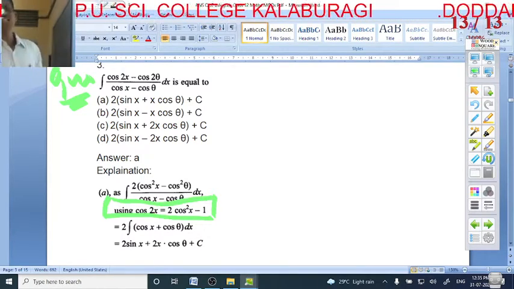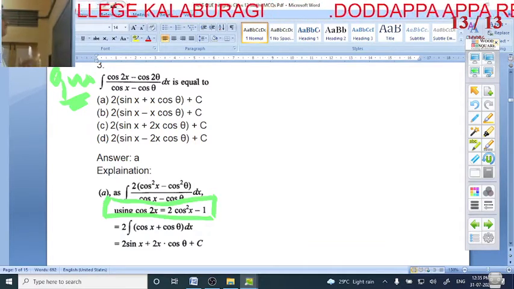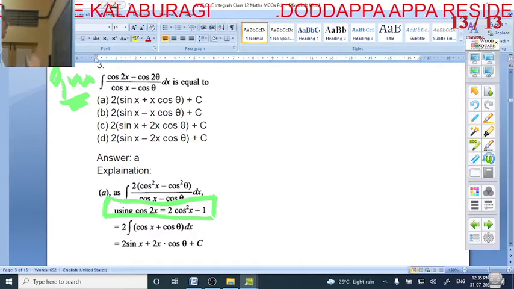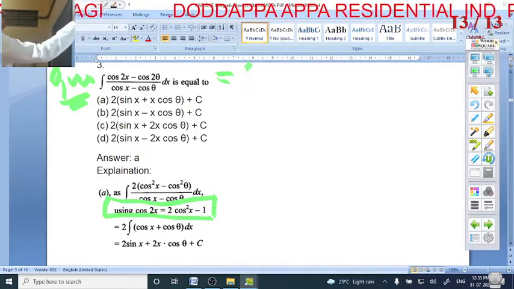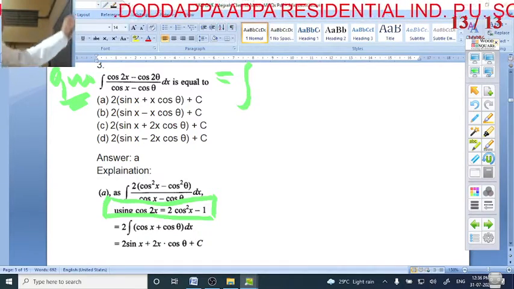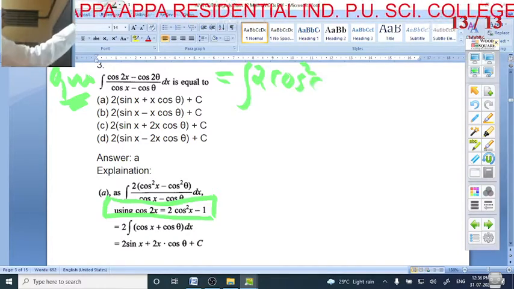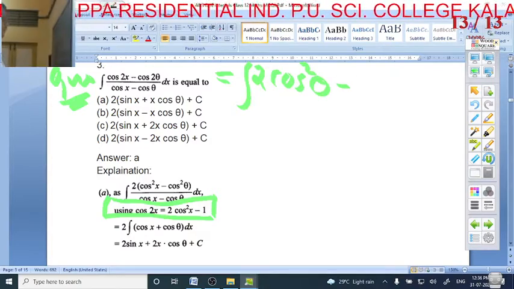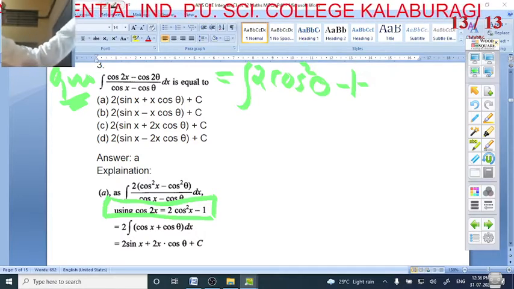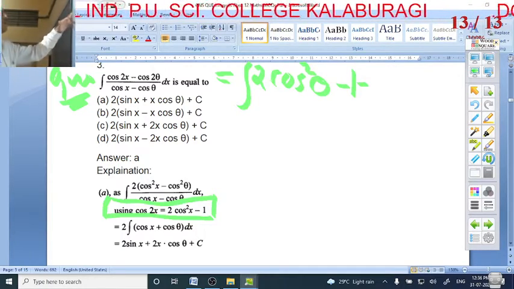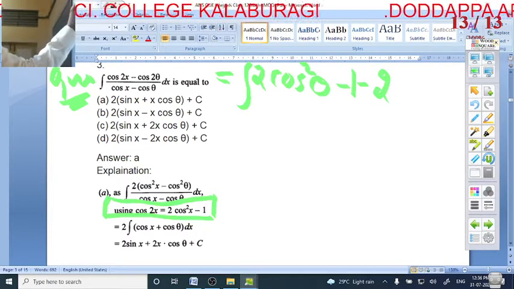These trigonometric formulas play a very important role in solving integration examples. So I am writing this equal to itself, using the formula cos 2 theta equals 2 cos square theta minus 1. Similarly we use the same formula for cos 2x, which is also 2 cos square x minus 1. Sorry, I had written theta.